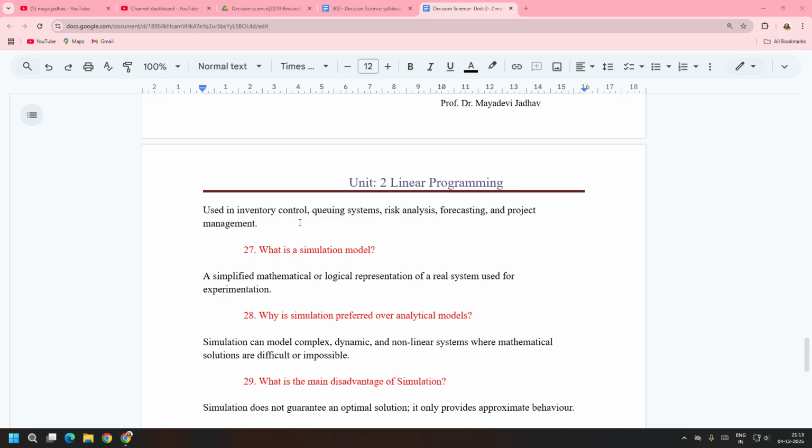It is used in inventory control, queuing systems, risk analysis, forecasting, and project management. What is a simulation model? A simplified mathematical or logical representation of a real system used for experimentation.